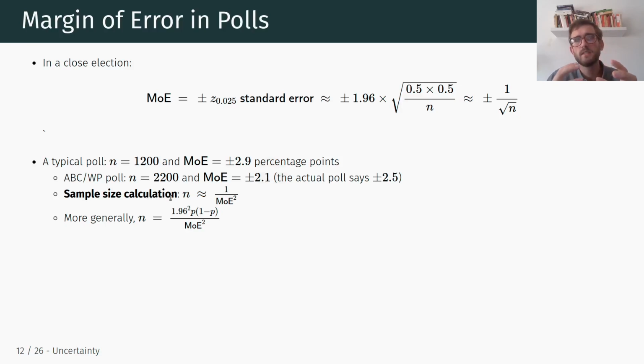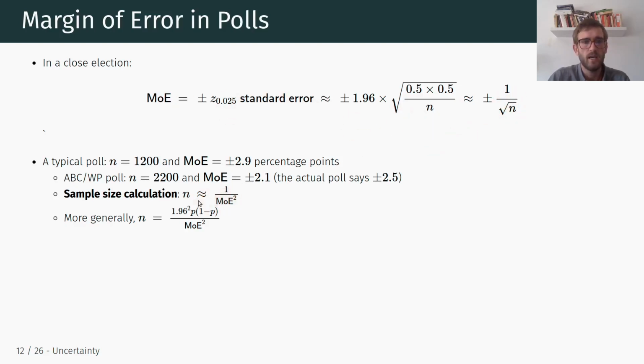And of course, that means we can also use this information to plan data collections, right? If we want to run a survey and we want to know what sample size we need in order to achieve a sufficiently small margin of error to, for example, call an election, we can solve this for n: multiply by n, divide by the margin of error, and take the square.